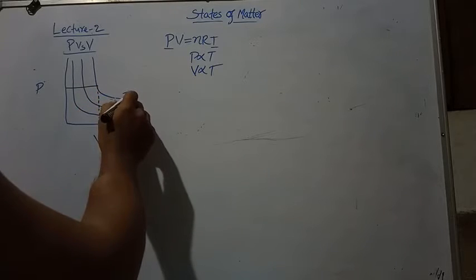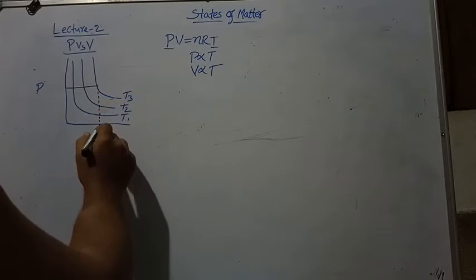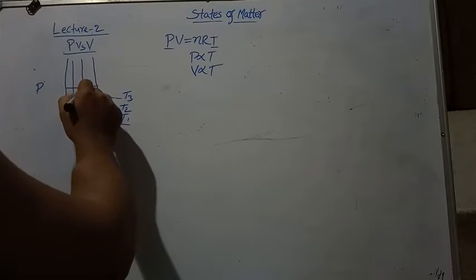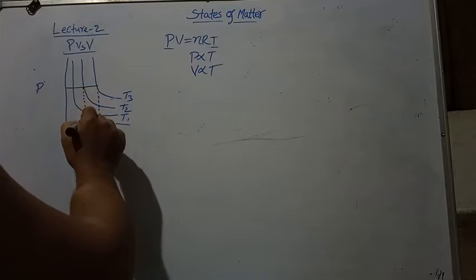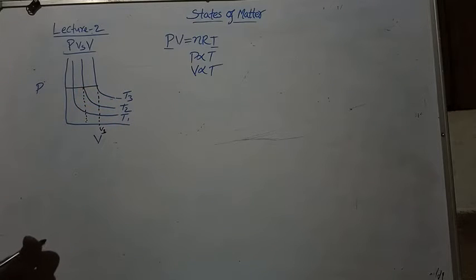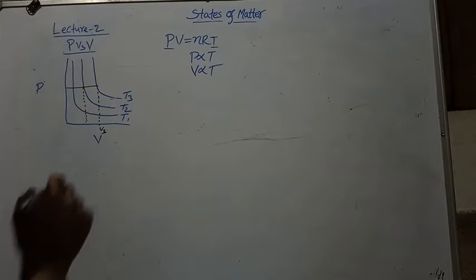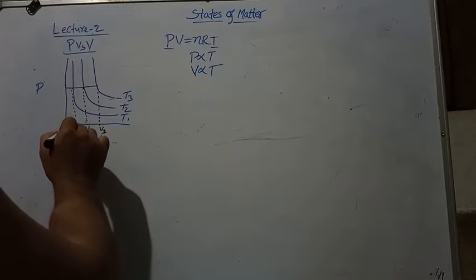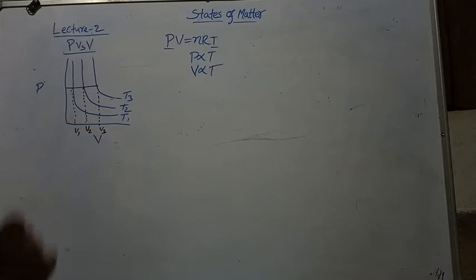This corresponds to T3, so its volume will be V3. This corresponds to temperature T2, so its volume is V2. This corresponds to temperature T1, so the volume will be V1.